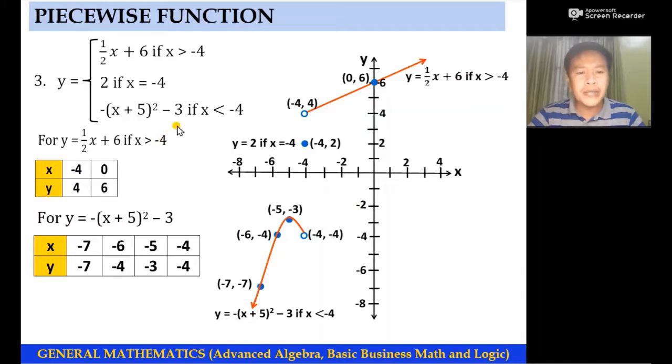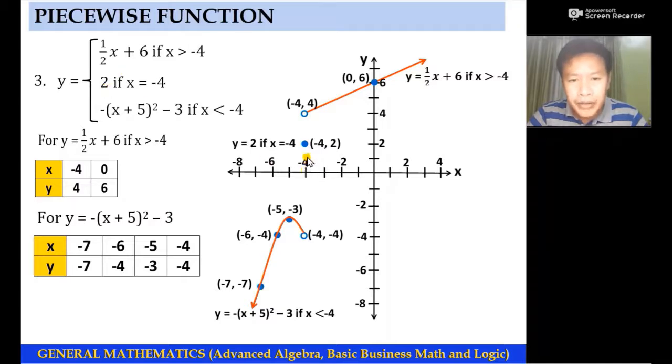Now we will proceed with our second subfunction, which is just only a point function, and our point is given by x is -4 and our y is equal to 2. And where is that point? You are going to consider first the abscissa, which is -4, 1, 2, 3, 4. And our y is equal to 2.